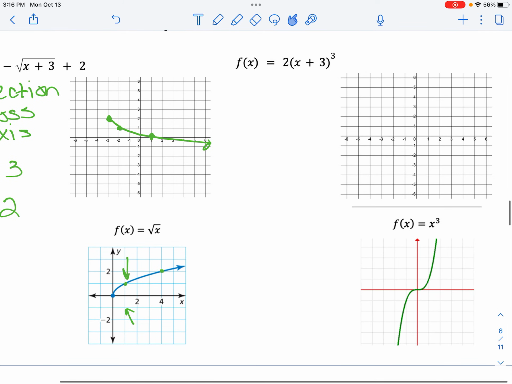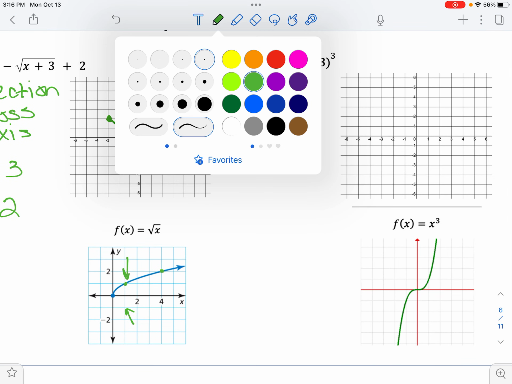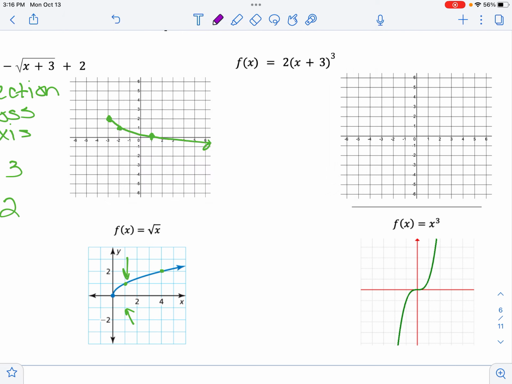Let's try another one. I'll do this in a different color. Maybe purple. Okay, so again, I put the parent function down here. It's a cubic function. It says f of x equals x to the third. And then this one up here says 2 times the quantity x plus 3 to the third power.